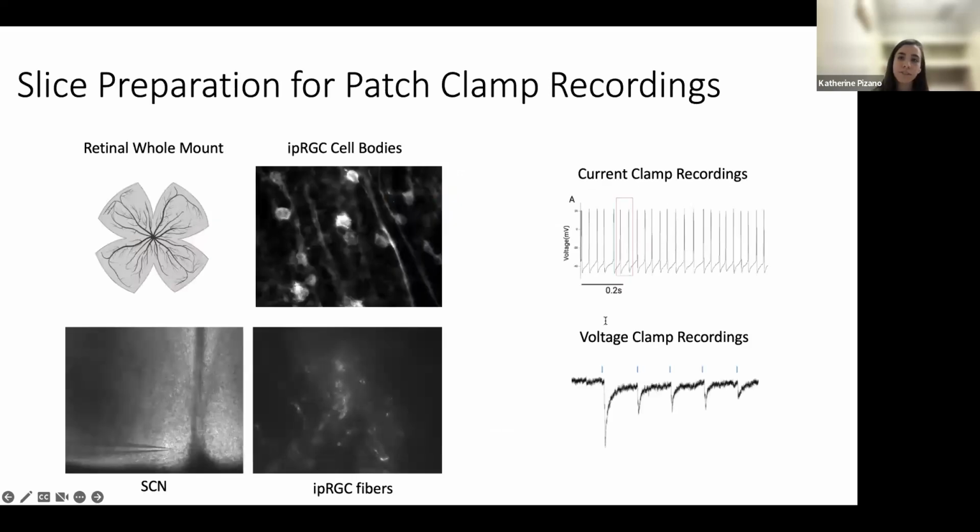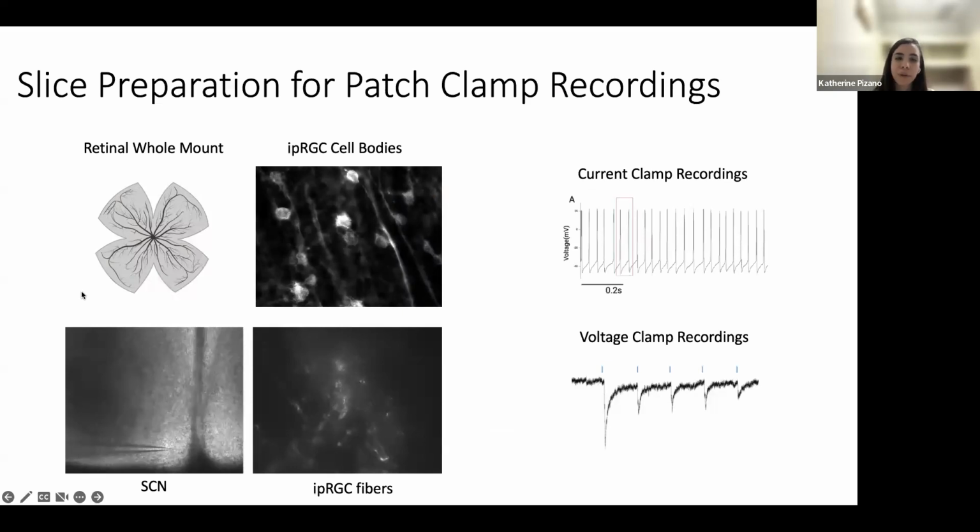And here I just wanted to show some examples of what we're seeing under the rig. For retinal whole mounts, here is an example of a fluorescent ipRGC cell body after a retinal injection was done. And then on the bottom is an example of one of our SCN slices. And this is the recording pipette.